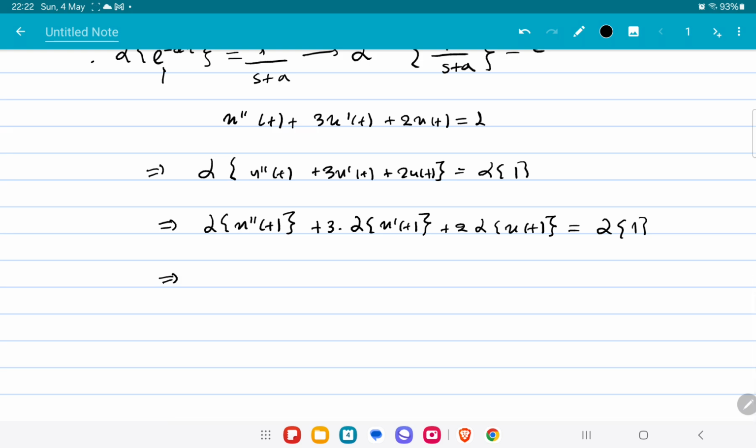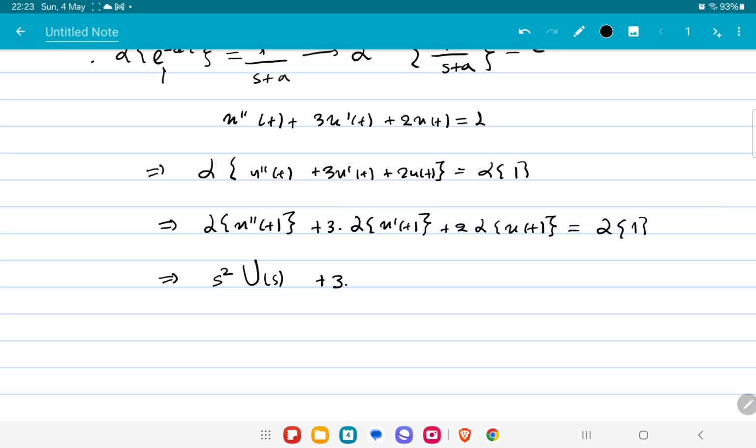The Laplace transform of the second derivative is s squared, s to the power of 2 because it is a second derivative, times U of s. My capital U is the Laplace transform of the function u of t, and s is my new variable.